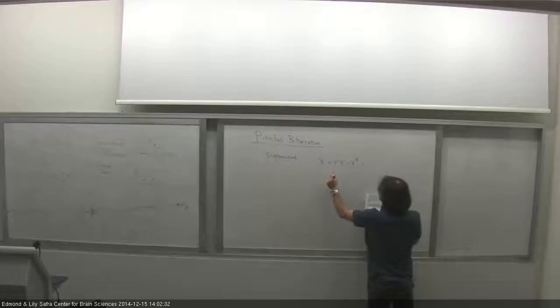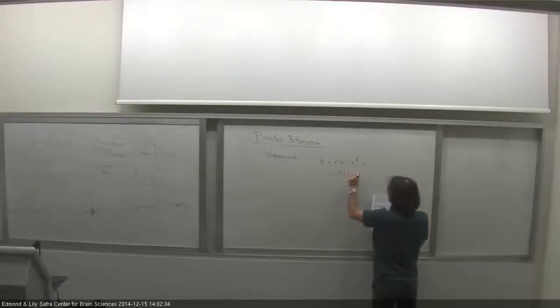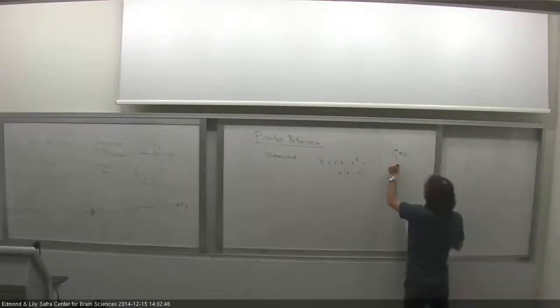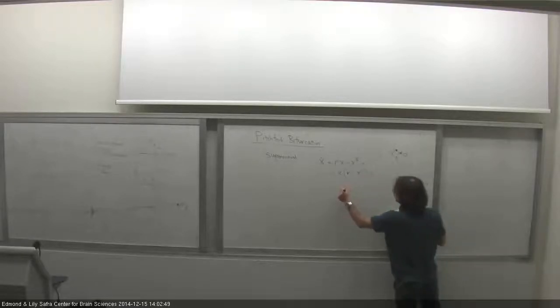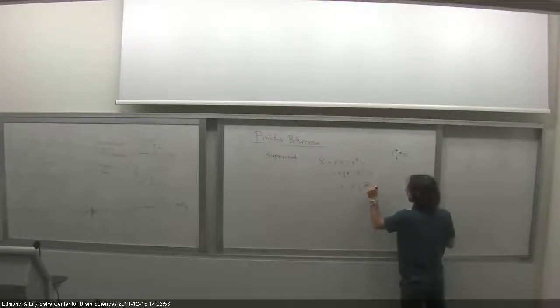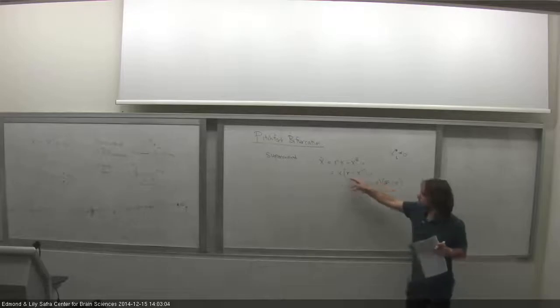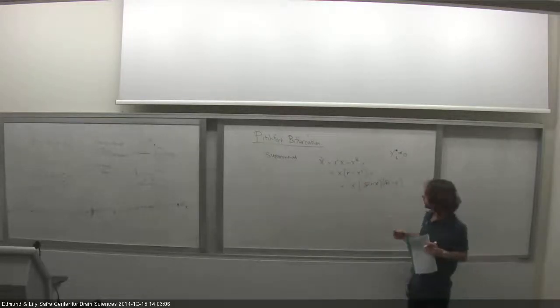Okay. So first, I will rewrite this. Already, I have one fixed point that always exists, x equals 0. And here, I could break this down into this.